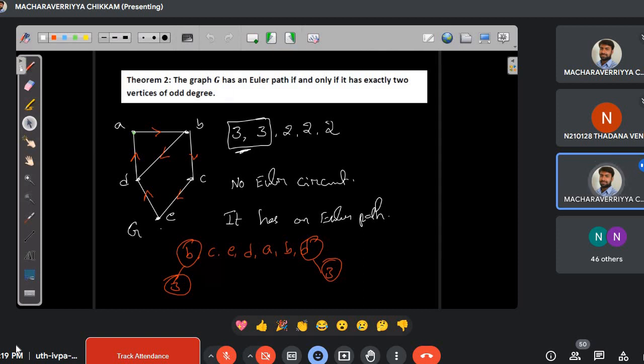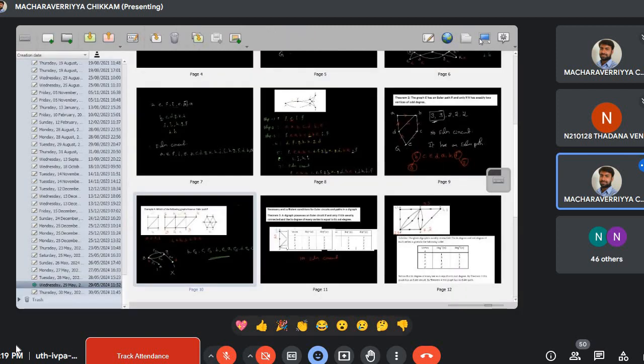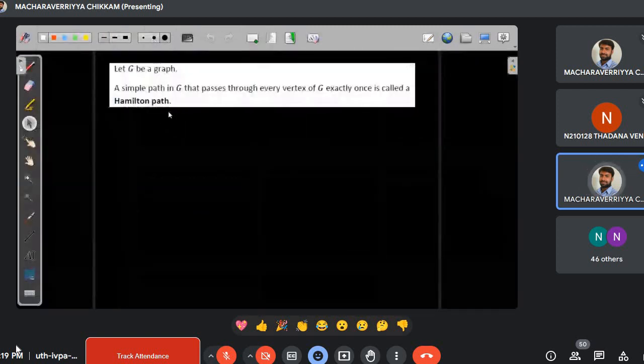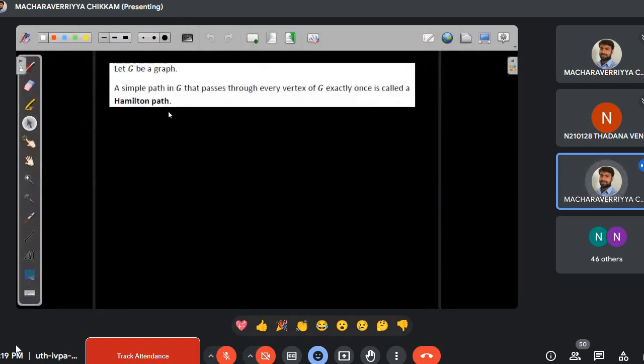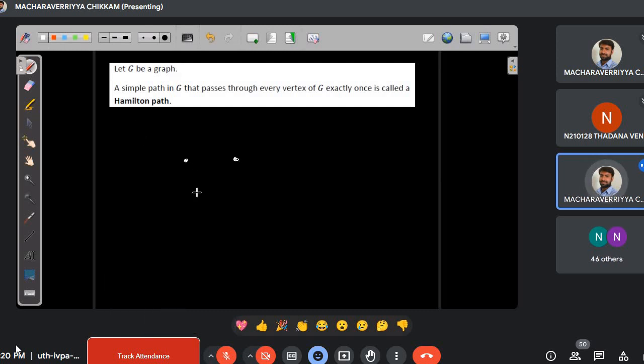Okay. Now let's talk about the simple paths which travel through every vertex of a graph. Earlier we were concentrating on edges. Now we are concentrating on vertices. Okay. For example, take this graph. Of course, the graph has to be connected.